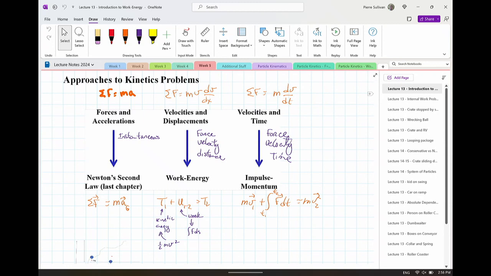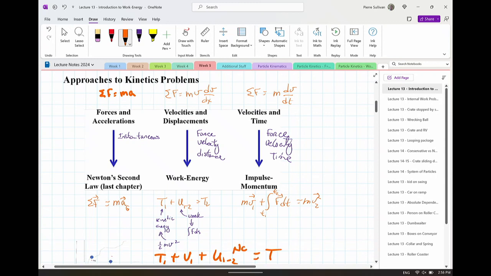But now I can add into this expression one thing, which is that T1 plus V1 plus work 1 to 2 non-conservative is equal to T2 plus V2. And generally, when I'm dealing with problems of this nature, I would prefer to solve them as a breakdown of conservative and non-conservative forces.